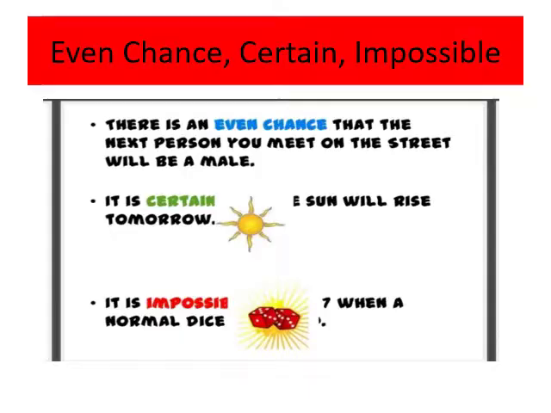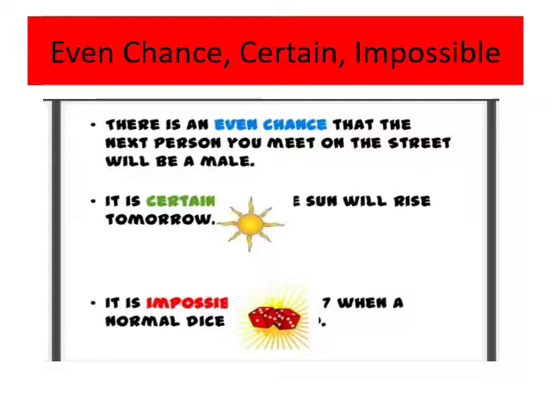So children, let me take some more examples of even chance, certain, impossible. Even chance, as I have already told you, is 50-50. So there is an even chance that the next person you will meet on the street will be a male or a female.